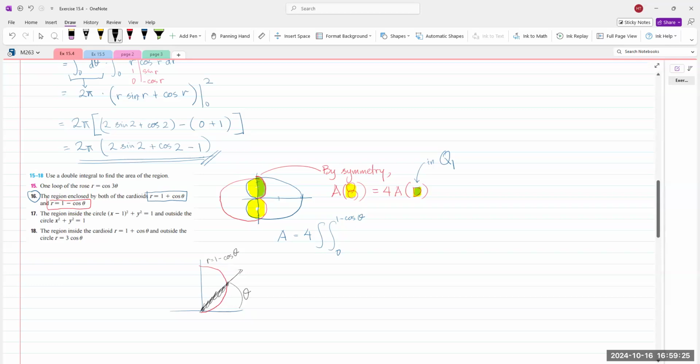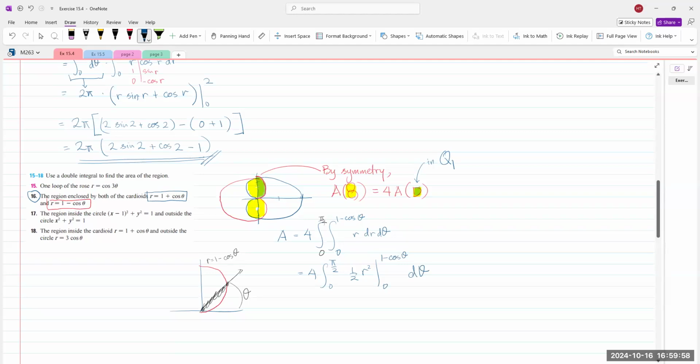Then theta itself will move from 0 to pi over 2, and then r dr d theta. Which is equal to 4 times the integral from 0 to pi over 2 of 1/2 r squared from 0 to 1 minus cosine theta d theta.